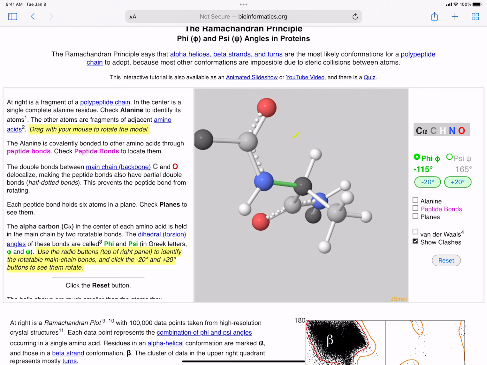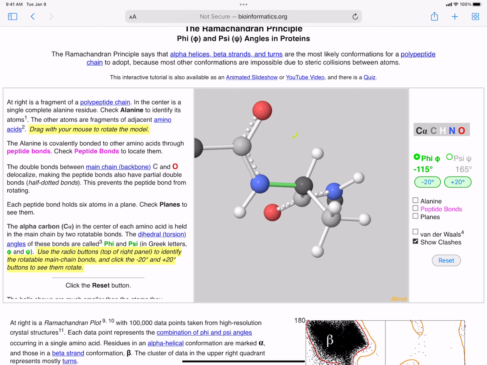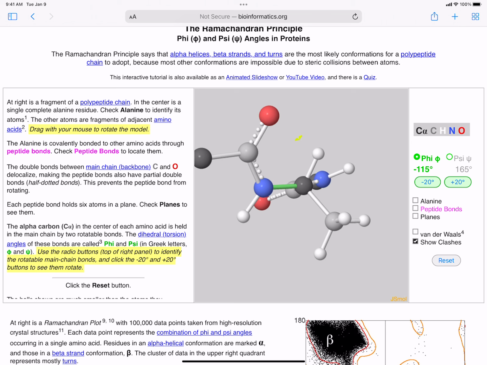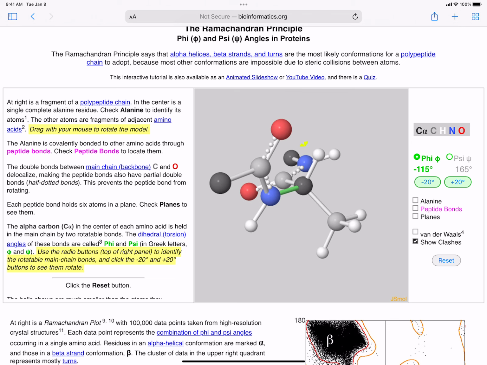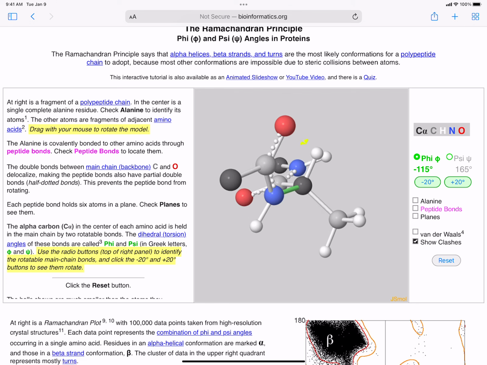So it's not labeled with color, but we're looking down in green, the bond between the nitrogen of an amino acid and then the alpha carbon. I don't have a laser pointer to use with the Apple Pencil, so I'm just going to have to point up on the screen.